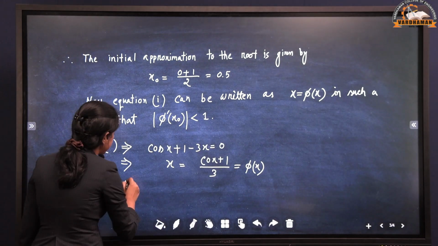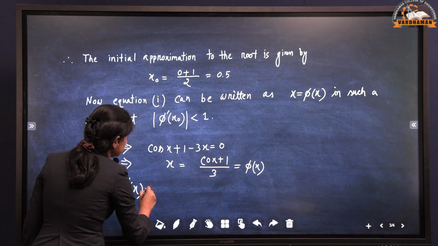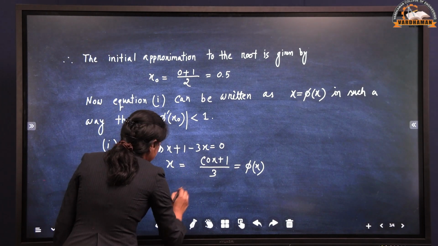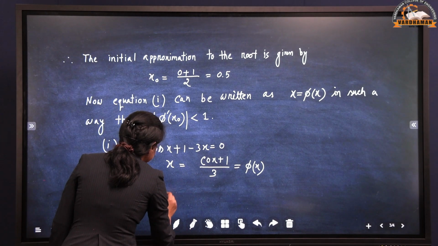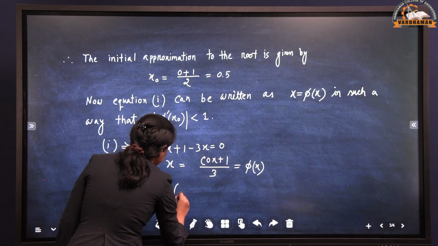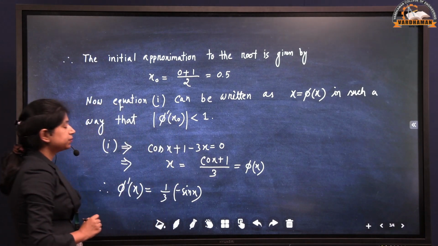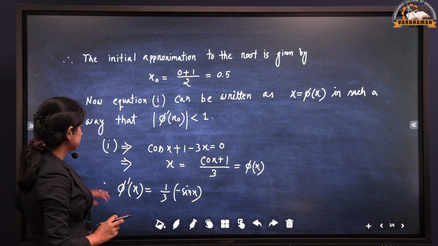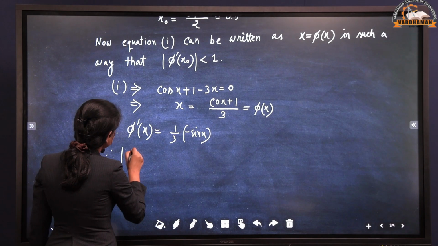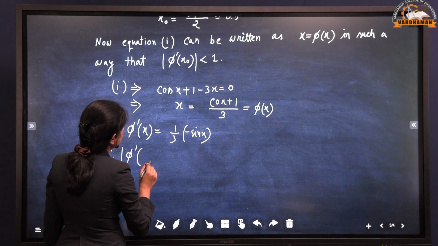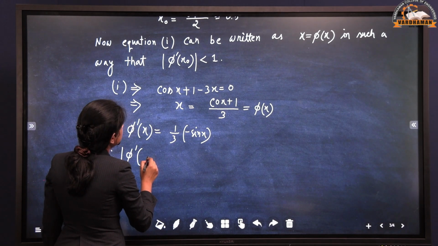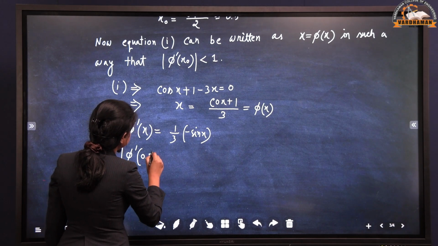We need to find phi dash x. What is the derivative of cos x? This will be 1 by 3 minus sin x. This will be the phi dash x. Therefore, mod of phi dash at x naught. What is x naught? x naught was 0.5.